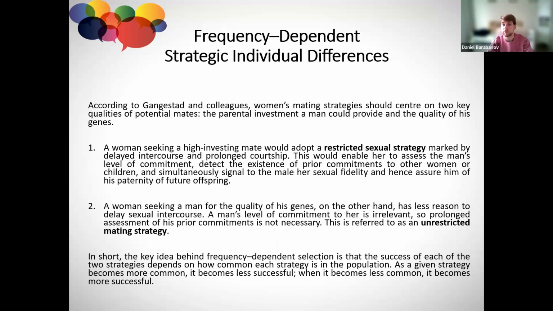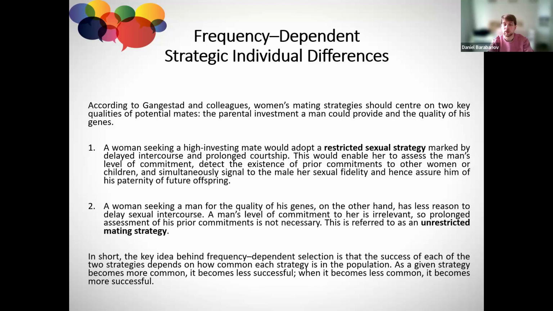Another collective of researchers led by Gangestad and his colleagues have another conjecture that women's mating strategies should be centered on two key qualities of potential mates. So if a woman is seeking a high-investing mate, so she tries to choose a male based on his commitment to relationships, she adopts a restricted sexual strategy.